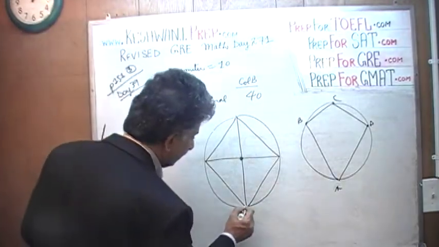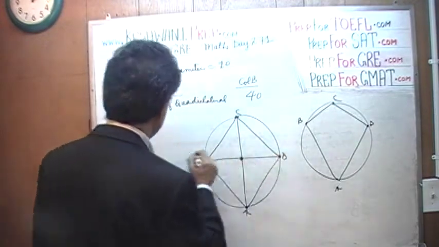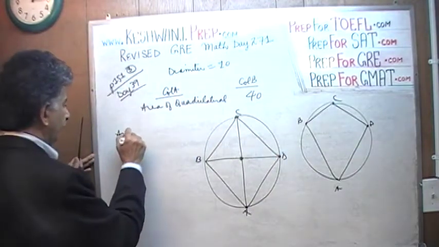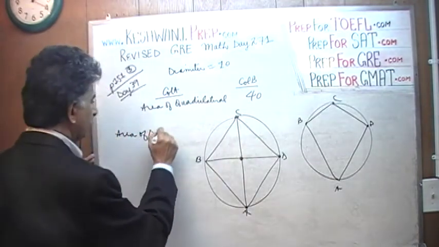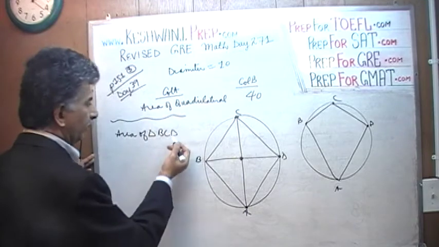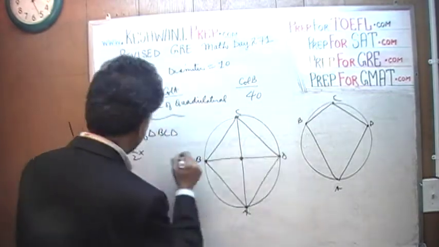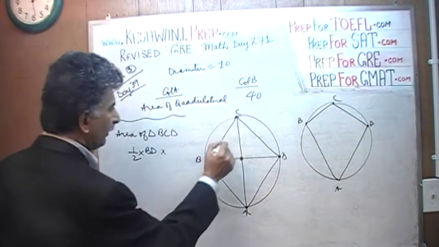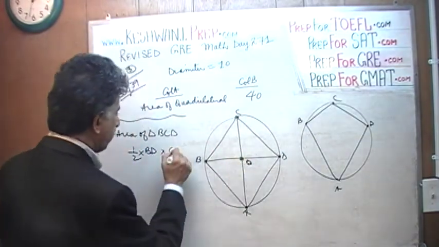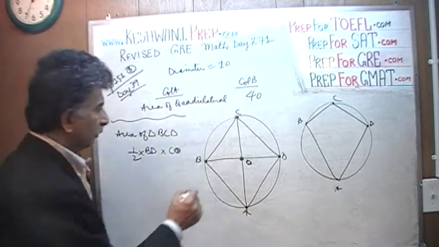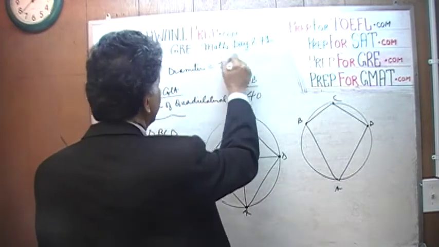So here's our point A, B, C, and D. In this case, the area of triangle BCD would be 1/2 base, which is from B to D, times height, which is from C to O. C to O, of course, is the radius, which we know is 5 because we are told the diameter is 10.